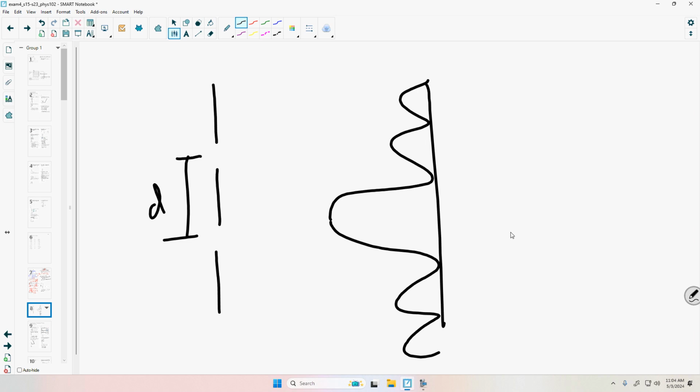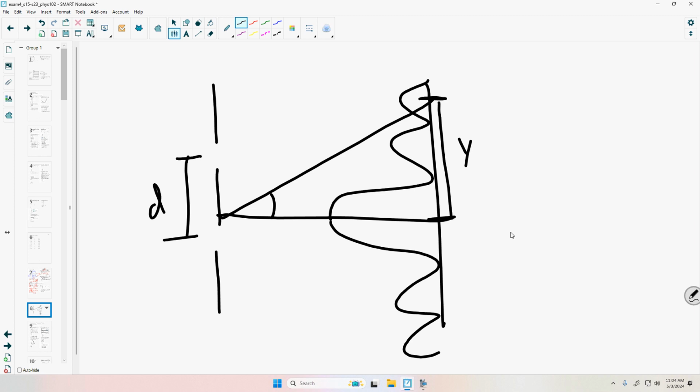This is like an intensity graph, but flipped on its side. So this has a big intensity, smaller intensity, smaller intensity. I wanted to know the distance on the screen from that central bright spot to the second bright spot. I wanted to know this distance, which is y. I draw a triangle here, because I can calculate this angle theta. That's d sine theta equals m lambda.